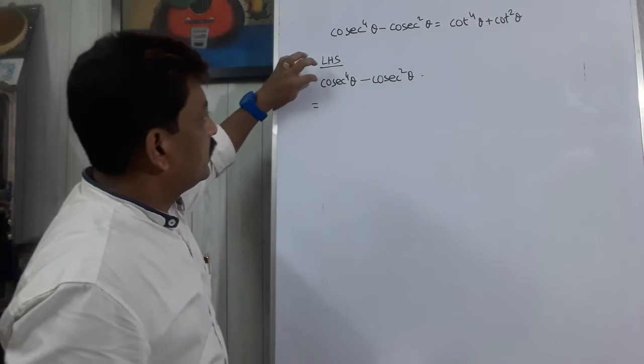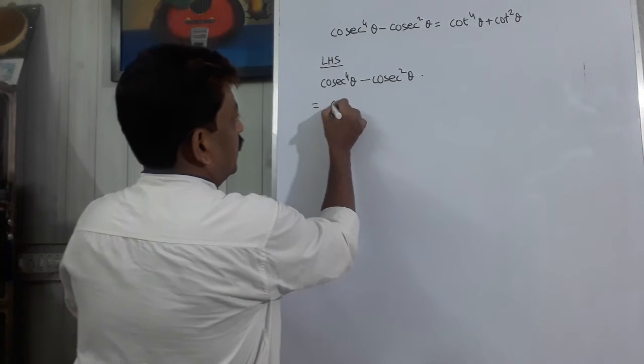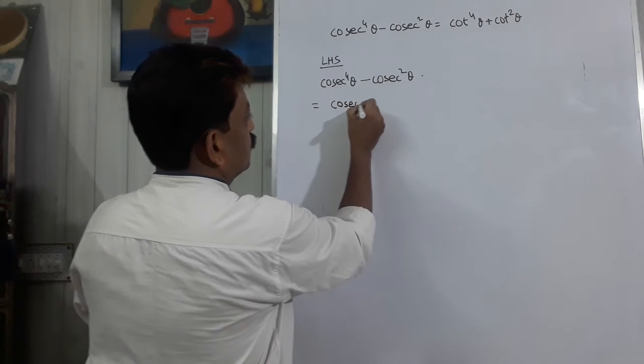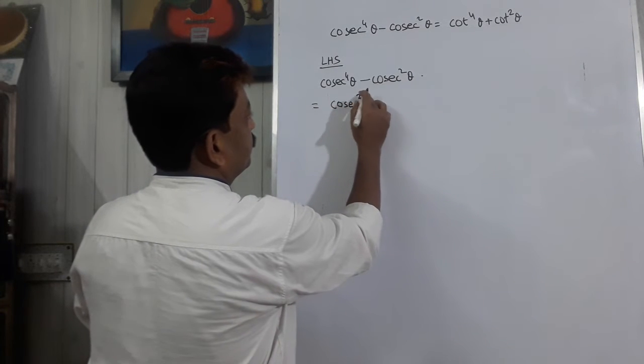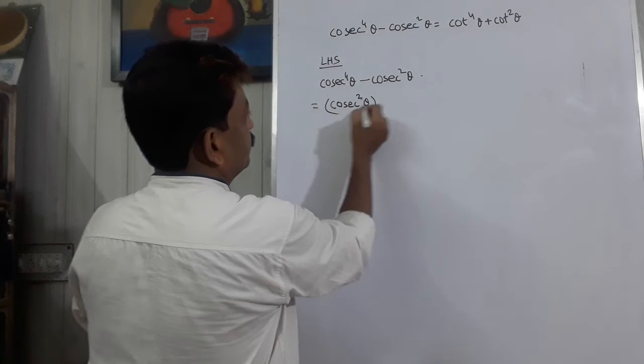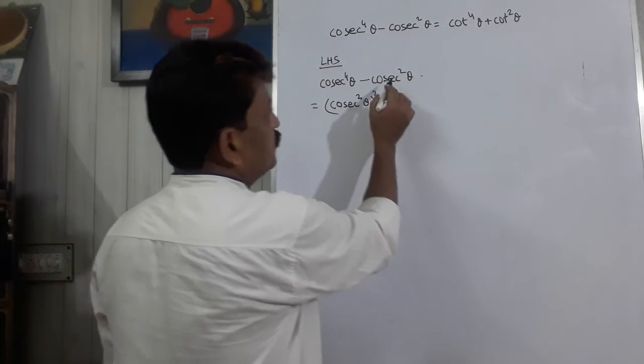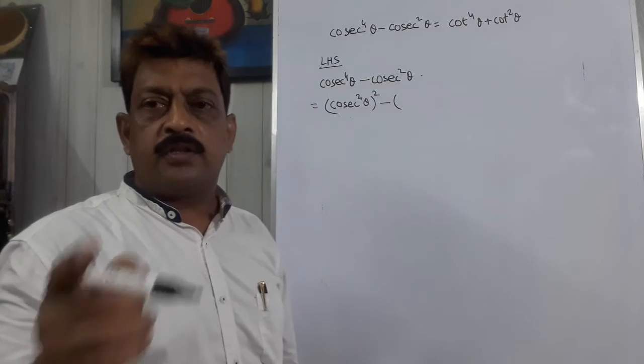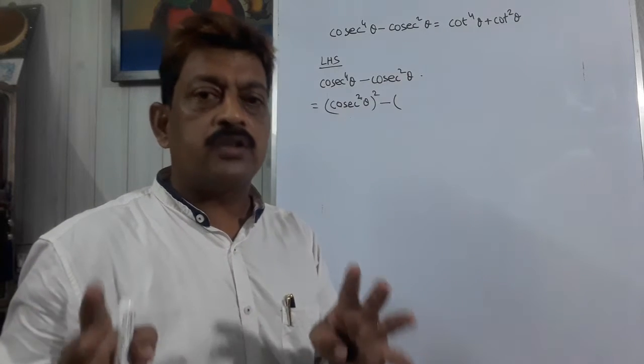But before that, this cosec to the power 4 theta can be written as cosec square theta whole square, and this cosec square theta I am changing into 1 plus cot square theta.